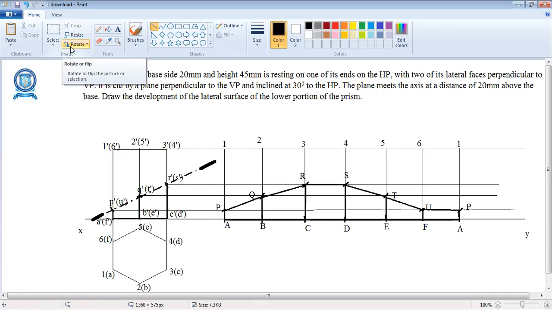So this is the development of the hexagonal prism with the cutting plane inclined 30 degrees to HP. Mark all the dimensions as per the procedure.